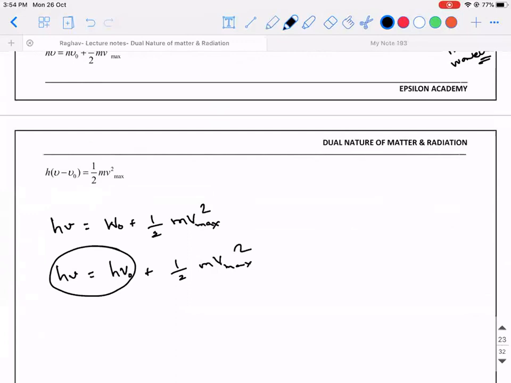Clear? Is it clear? Is there any doubt? No doubt.